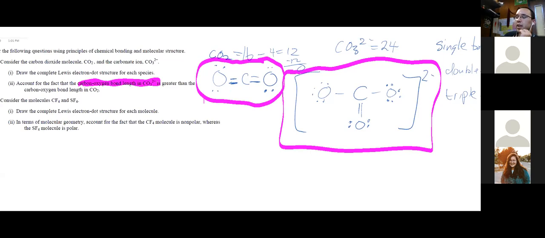So my question is, in the actual molecule, is one of them going to be longer or shorter than the other ones? Or what happens to this molecule when we find it out in nature?